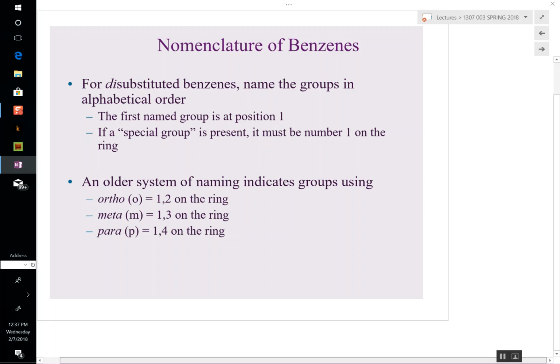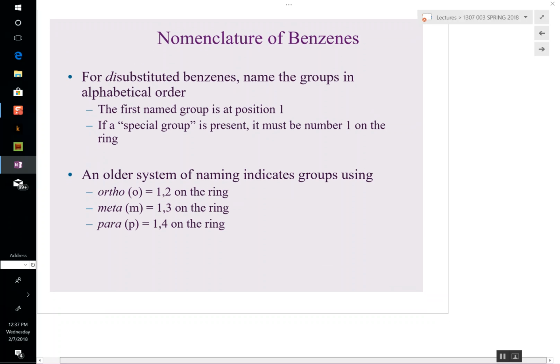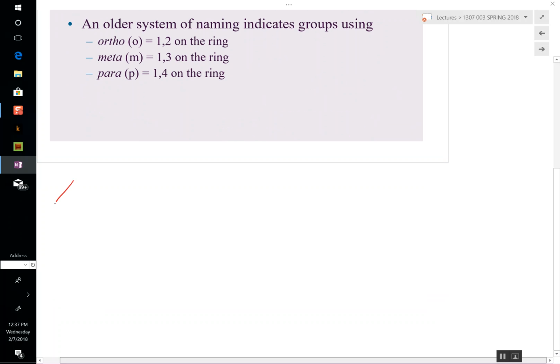So let me go back to this ortho, meta, and para and talk about it a little bit. Let's put our toluene over here from the next slide. Here's our toluene. Now, I'm going to draw 3 more molecules here.